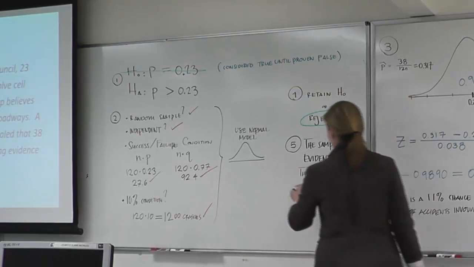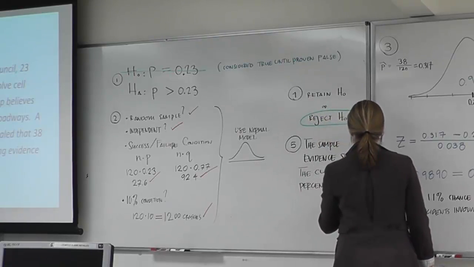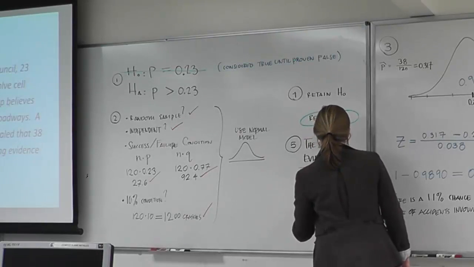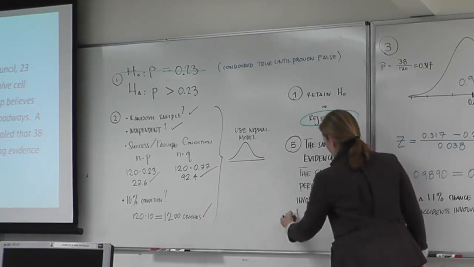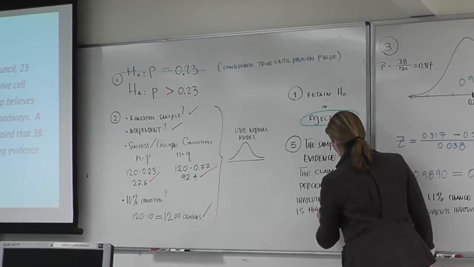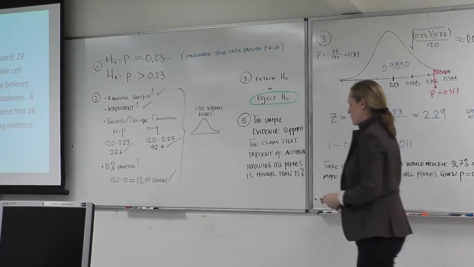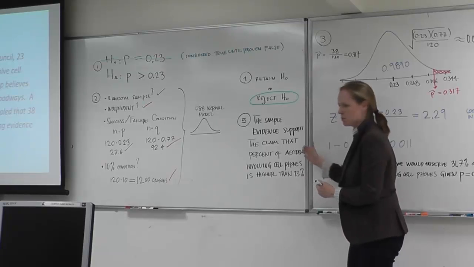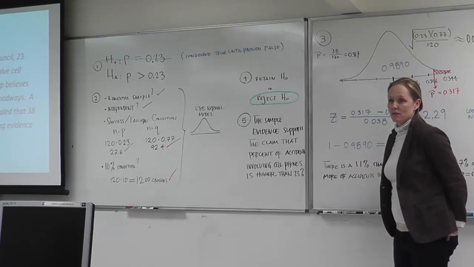The percent of accidents involving cell phones is higher than 23%. Since I said percent here, I'll repeat it with a percent. And let's just say the percent of accidents in this community. So I don't have any room to put a caret in there. So percent of accidents in this particular community is higher than 23%. So it's higher than that national rate.